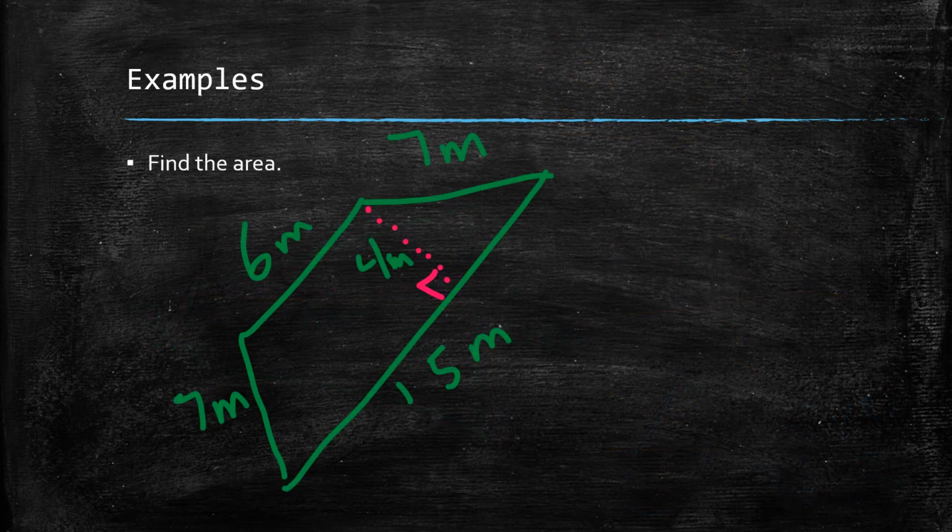Okay, this problem's a little harder. You see that you now have 5 numbers to work with, but remember you're only using 3 of these numbers. You're using 2 numbers for the base, 1 for the height, and your bases are the parallel lines. So it's important to be able to identify that.